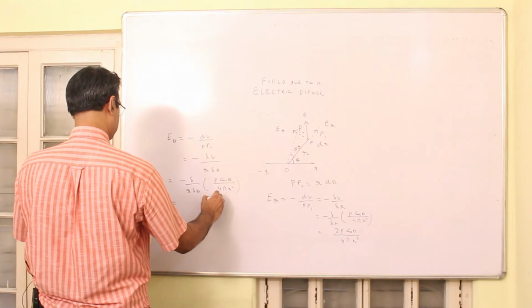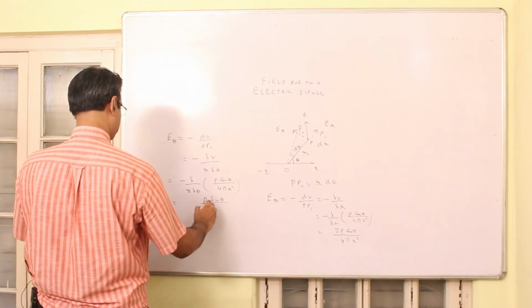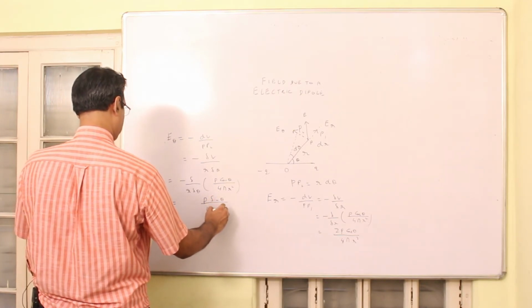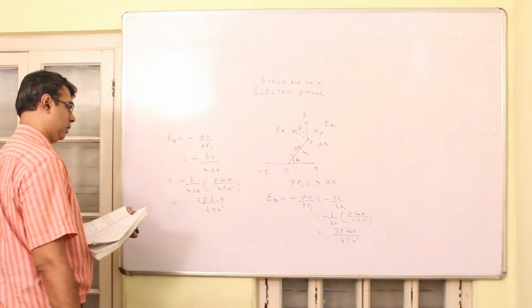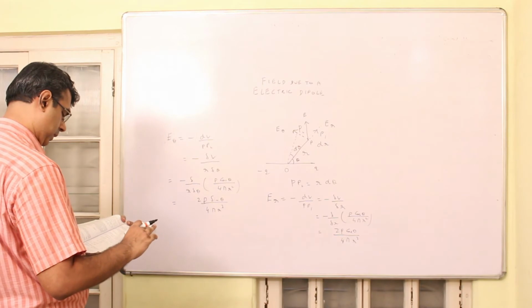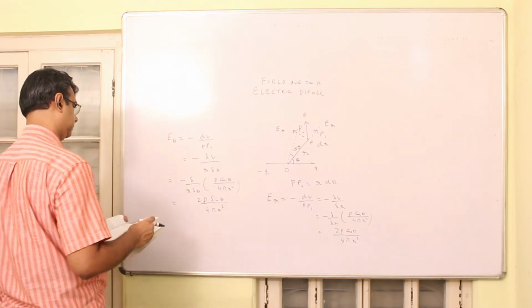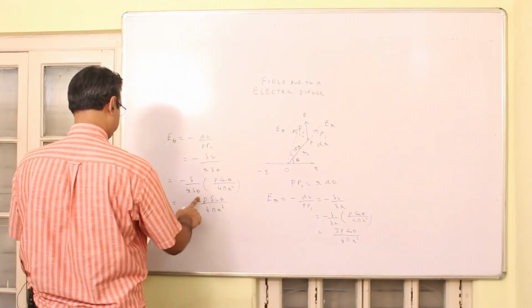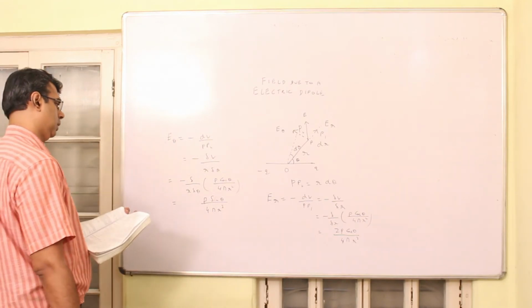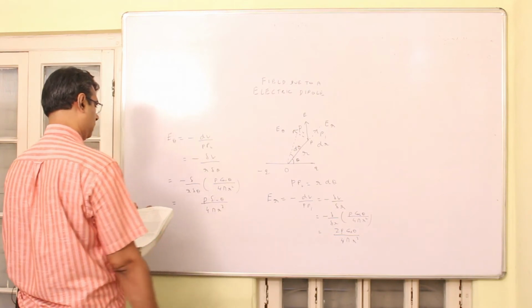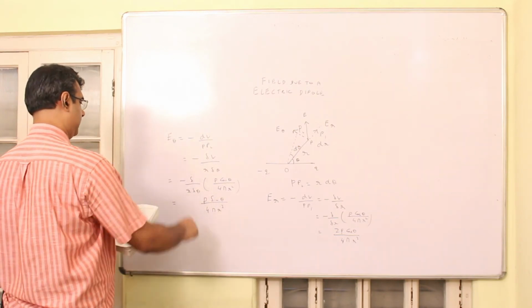So after simplification, we will get P sin theta by 4 pi r cube. So this will be the formula to find the field E theta.